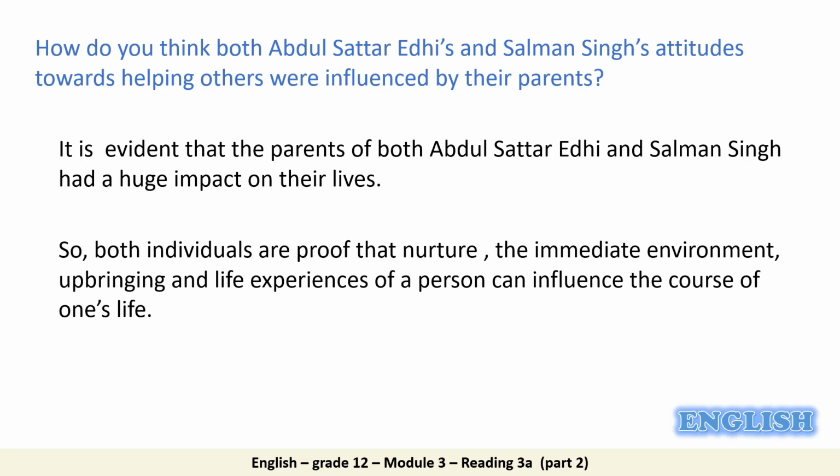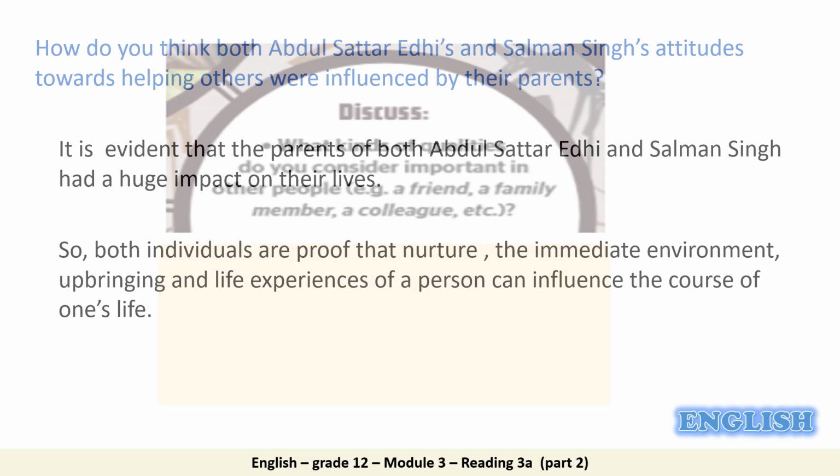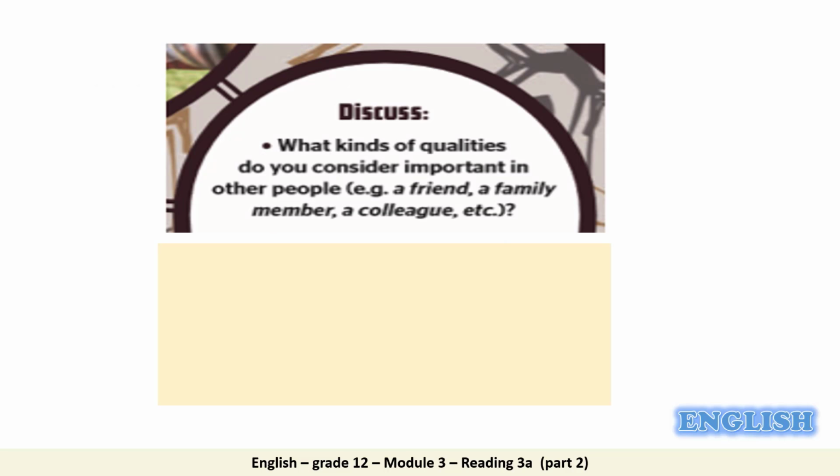So both individuals are proof that nurture, which is the immediate environment, upbringing, and life experiences of a person, can influence the course of one's life. Thanks to their qualities, natural and nurtured, Abdul Sattar Edhi and Salman Singh became famous and had an impact on the lives of thousands of people.